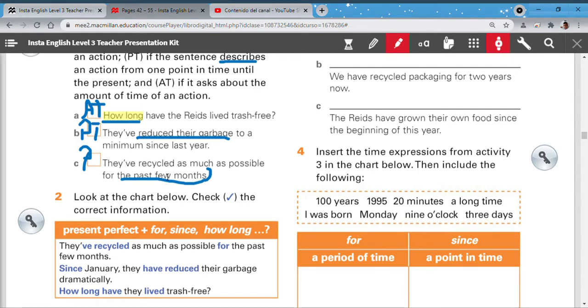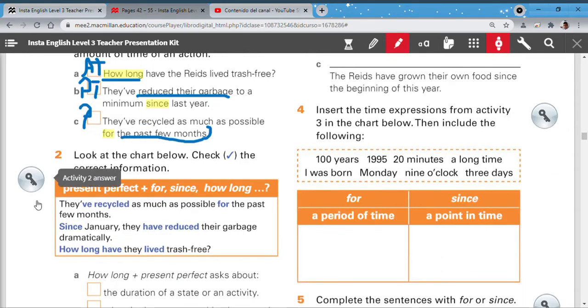And here is since. And what else? Can you see the last one? For. Perfect. And remember, this is present perfect.